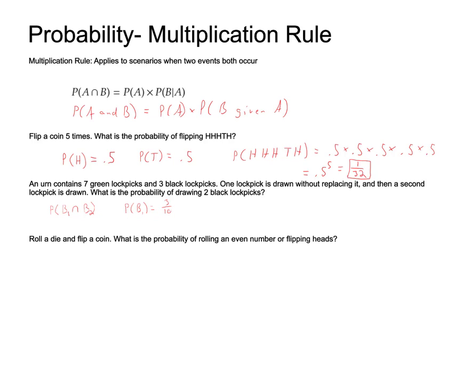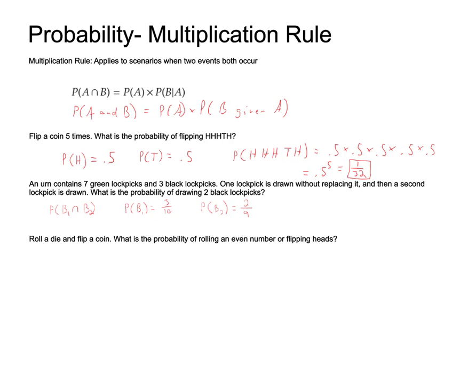And then the probability of the second black is not going to be 3 out of 10 because we didn't replace the first lockpick. So the second one should be 2, because we removed 1, out of 9, because we again removed 1 from the total. So now the probability of that second one, given that the first one was black, is 2 out of 9.